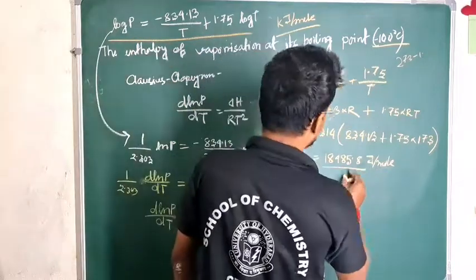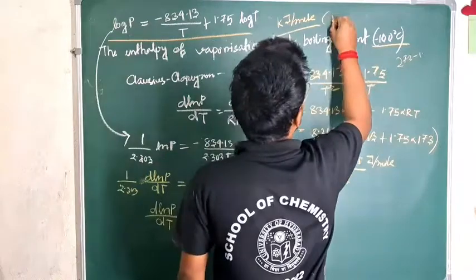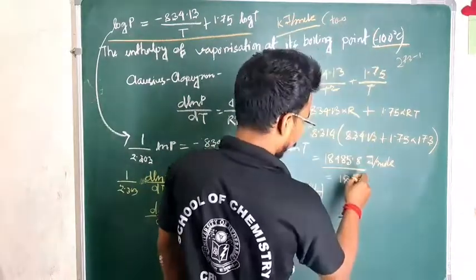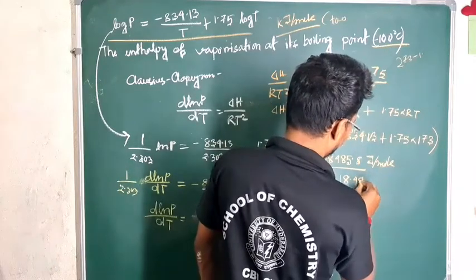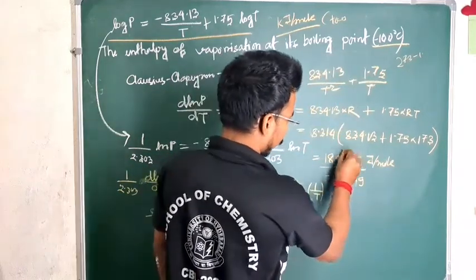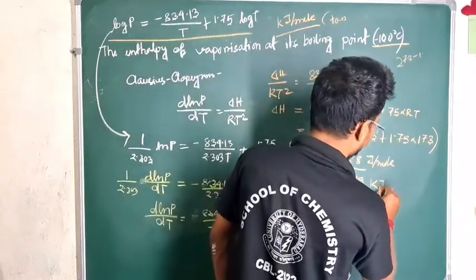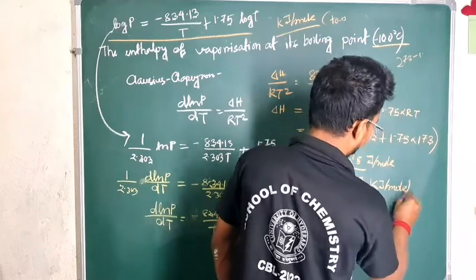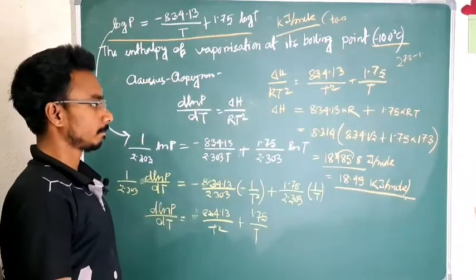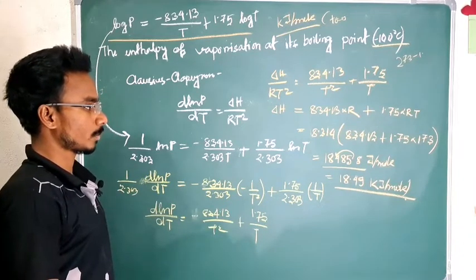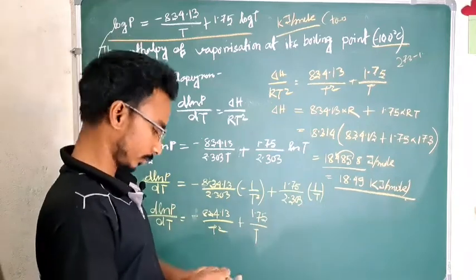They are asking in kilojoule up to 2 decimals, so the point comes here: 18.49 kilojoule per mole. Okay. Moving to the next question.